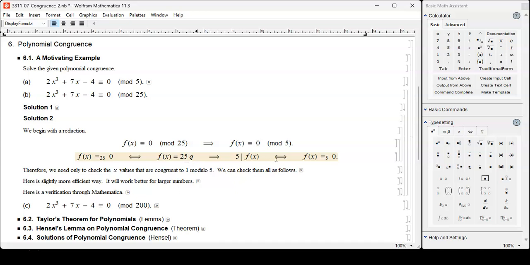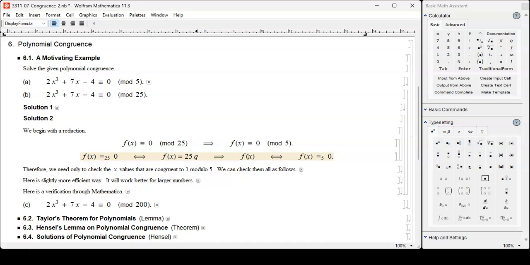Then 5 divides 25, so f of x is 5 times some integer k. This integer k is actually 5q, but let's just leave it at k. Consequently, f of x is a multiple of 5, so f of x is congruent to 0, mod 5.